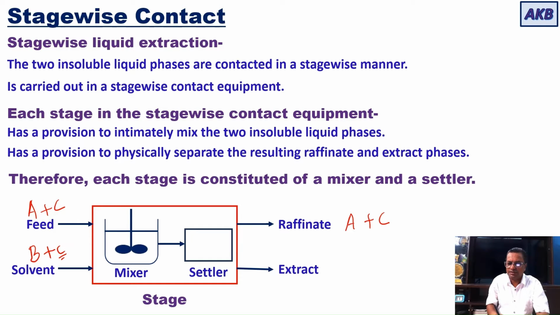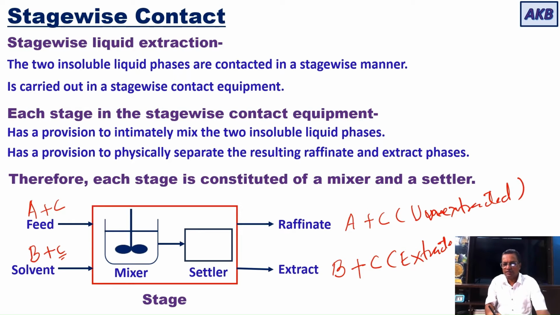So the extract phase will contain B and the extracted solute. The solute in the extract phase is extracted solute, whereas the solute in the raffinate phase is unextracted solute.